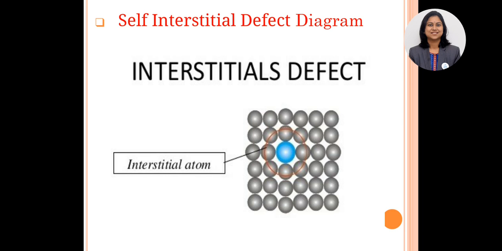Second, if a particle gets shifted from its original lattice point and occupies an interstitial space in the crystal. Here we can say that there is a combination of vacancy defect and self-interstitial defect. Here is the diagram for self-interstitial defect.